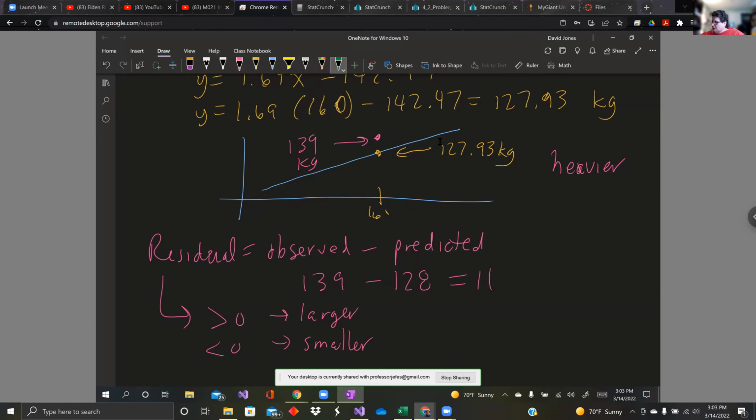In terms of the bears, larger means heavier, and smaller means lighter, weighs less. And 11 is greater than 0. That's a heavier bear. Okay.